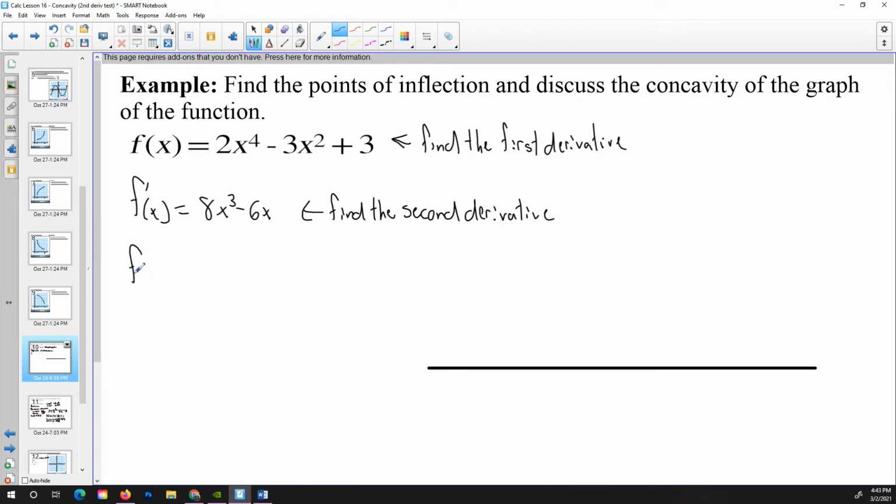And so f double prime of x is going to be 3 times 8 is 24, so I'll have 24x squared minus 6. And the points of inflection may exist wherever the second derivative is equal to 0. It is also going to be the values of x where it can change concavity. So we're going to set this equal to 0.